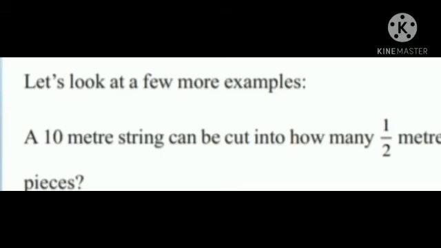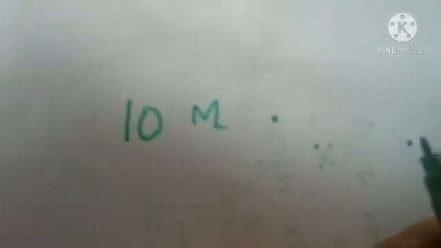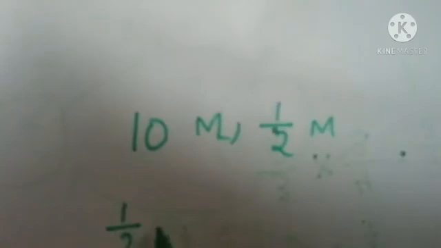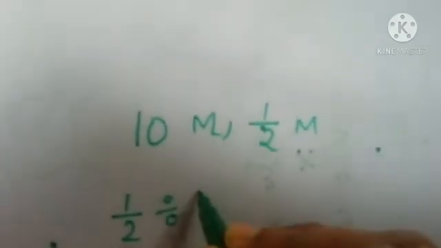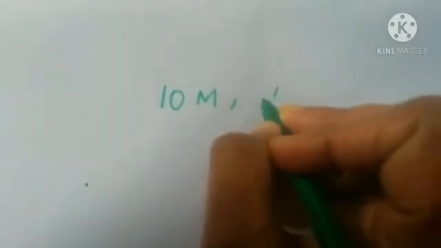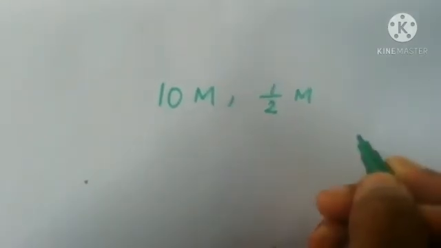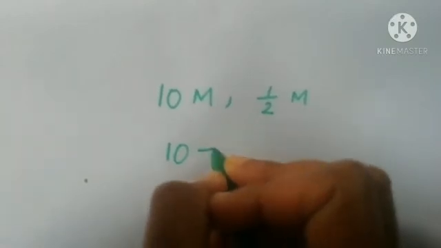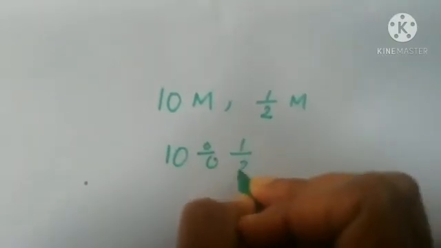In terms of mathematics, the total length of string is 10 meter. We need to cut it into half meters. So we want to divide 10 by half. Then the number of pieces should be 10 divided by half.